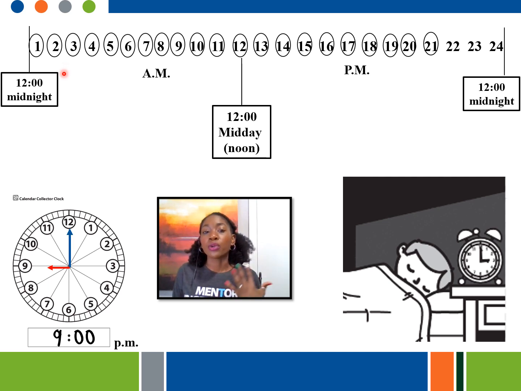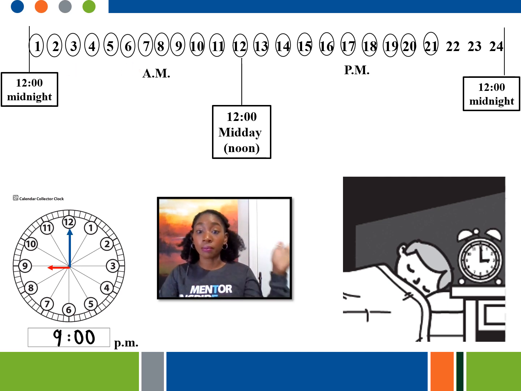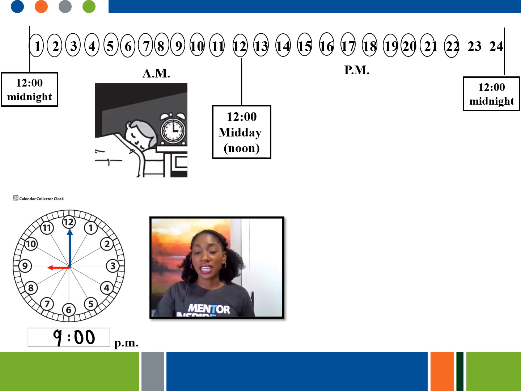Remember that we're generally sleeping around hours like 18 all the way up to hours 7 of our day, okay? So he's probably asleep at 3 a.m. So I'm going to go ahead and put that in the a.m. section of our timeline.